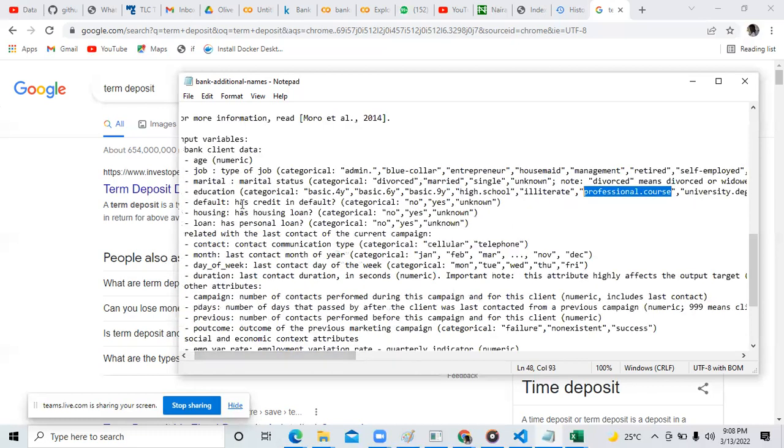Default, ask credits in default, categorical, no, yes, or unknown. Now, what's the meaning of this default? I'm throwing it to the two of you. So yeah, go and research, go to Google, go and research the meaning of this default, credit in default. What does it mean?